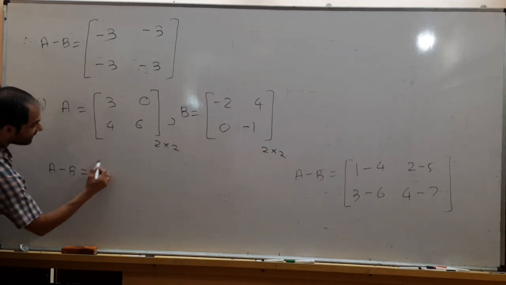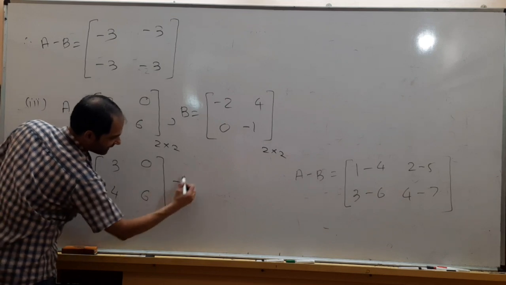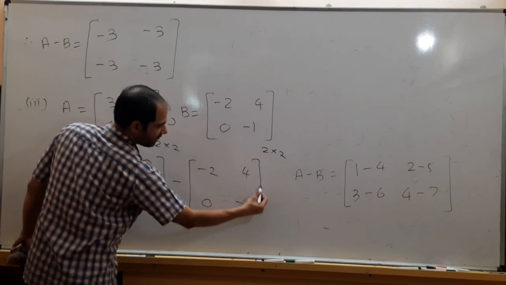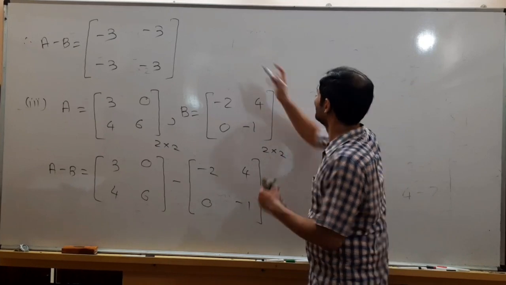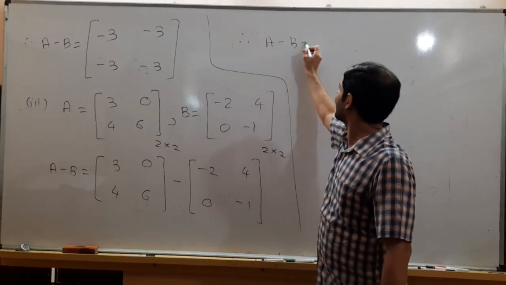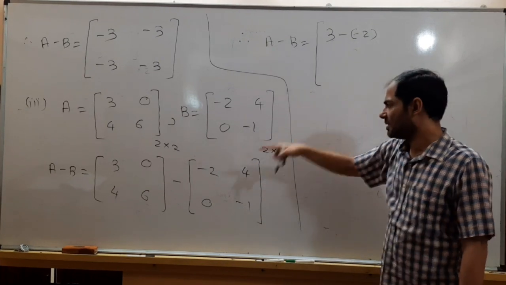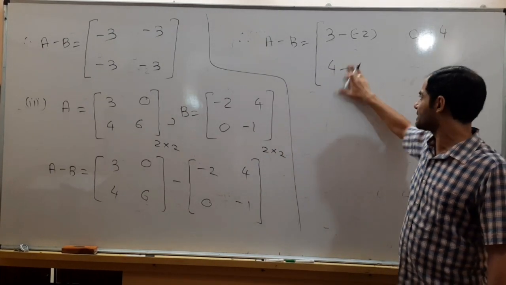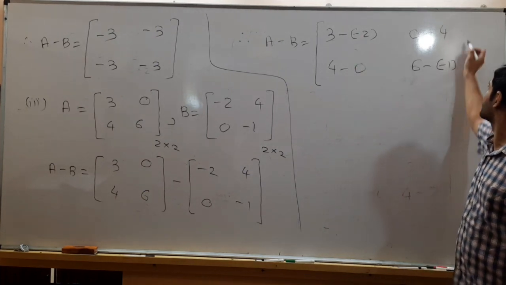So A minus B will be 3, 4, 0, 6 minus 2, 0, 4, minus 1. And then, okay, don't do this directly. It's like two more steps. 3 minus of minus 2, 0 minus 4, 4 minus 0, 6 minus of minus 1.